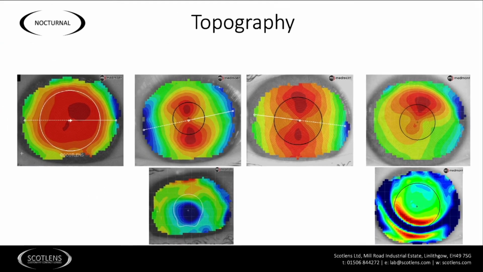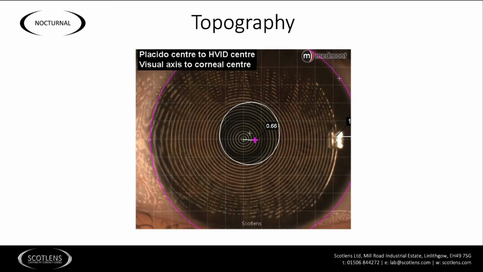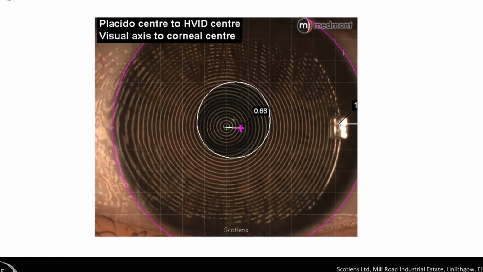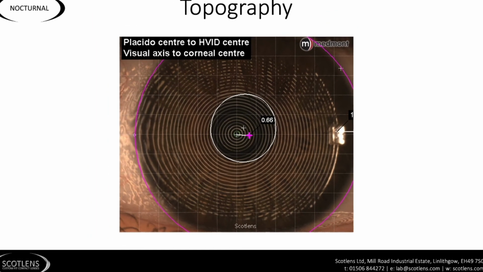The other thing that's really useful from topography is to look at how decentered the patient looks through their cornea. So in this example, you can see the purple line around the limbus is marking the periphery of the cornea, and the purple cross in the middle is marking the center of the cornea. Now, the patient who's looking at the middle of the Placido mires is not looking through the center of the cornea.